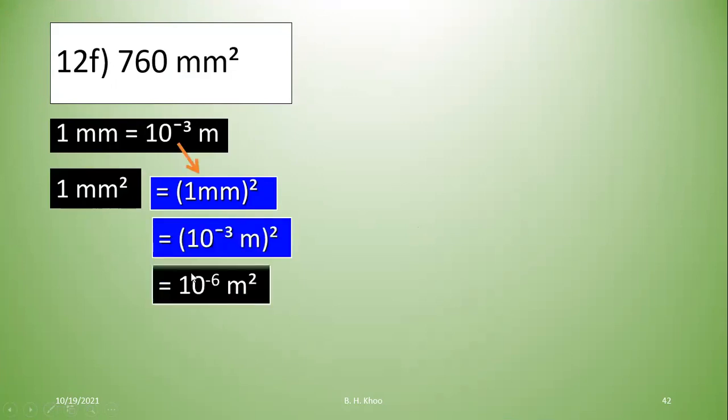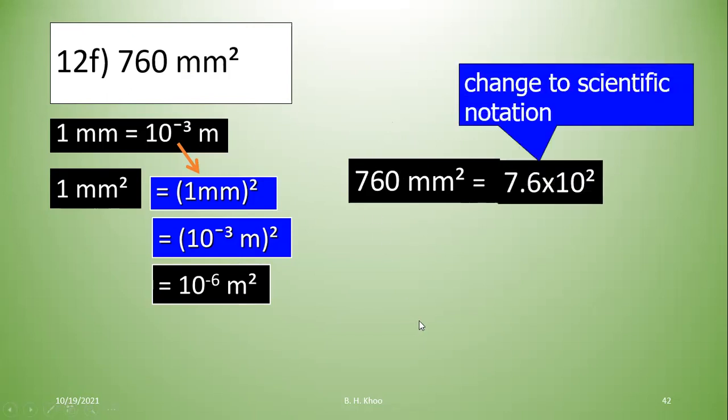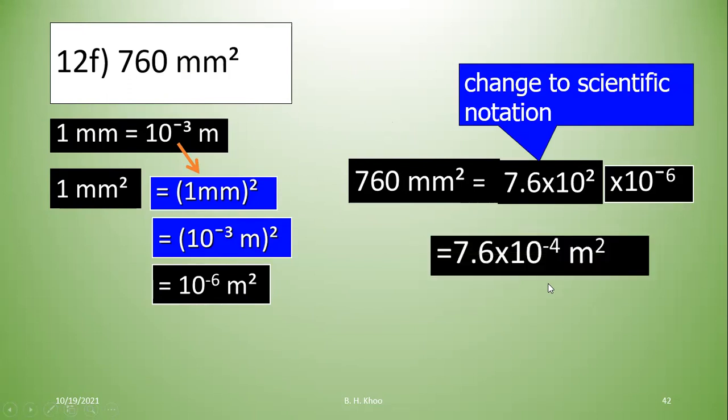Square that. Minus 3 times 2 is minus 6. 10 to the power minus 6 meter square. Right. After I've done that, convert this one to scientific notation: 7.6 times 10 to the power 2. Then replace your millimeter square with that. Right. Minus 6 plus 2, so you still got minus 4. Okay.